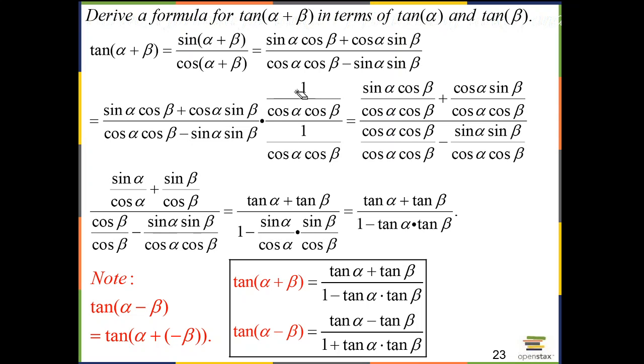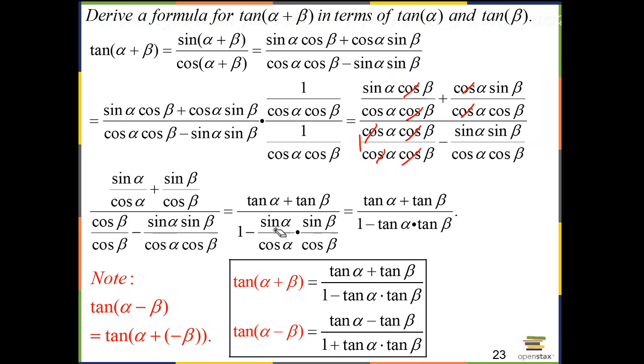So let's do that. Multiply this by that, multiply this by this, multiply this by that, multiply this by this. We get this, right? And here, you see the cosines go away. Over here, these cosines go away. So that's tangent alpha, that's tangent beta. Over here, these cosines go away, and we just get 1.